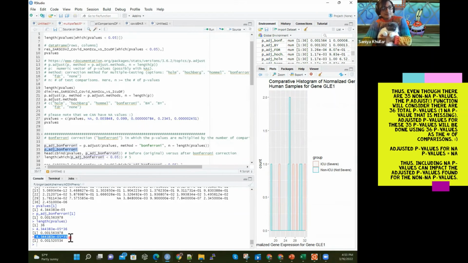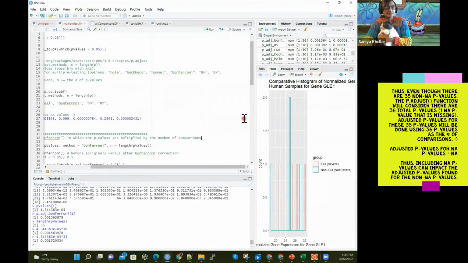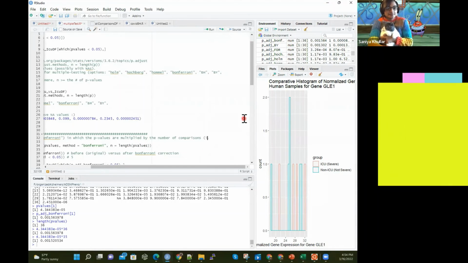Now, if I multiply it by 35 and I say, hey, one value is NA not applicable, so there's really 35 p-values, that's not going to work, because I'm going to get instead the Bonferroni value of 0.00152, which is not what I get from this method. So this method multiplies by the number of comparisons, including NAs.